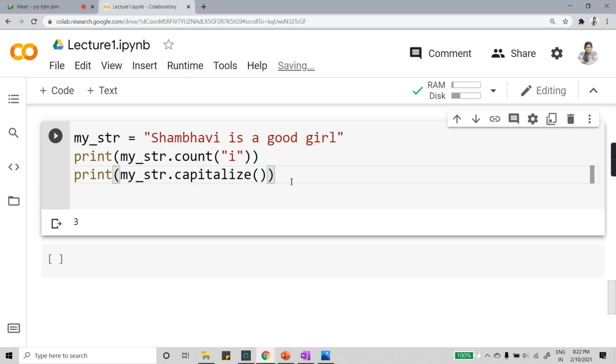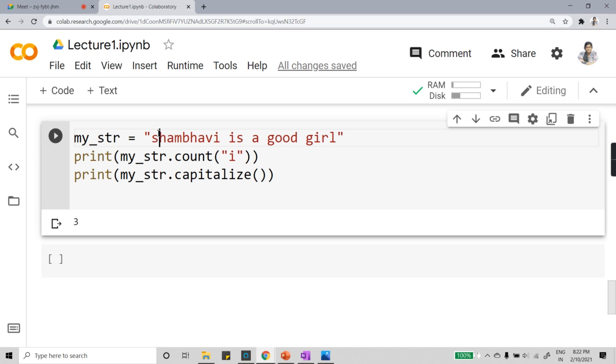Capitalize is a function. What it does: let's say you have written this s as small, you just forgot to write the first letter of your string as capital. So what will it do? It will automatically convert the first letter of your string into capital. This is the first function of capitalize.